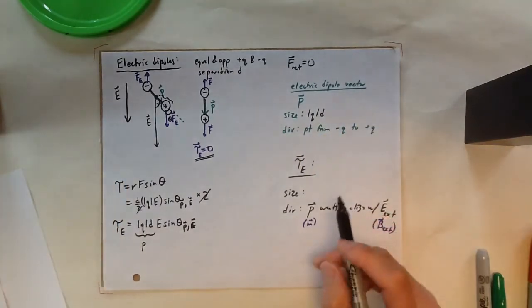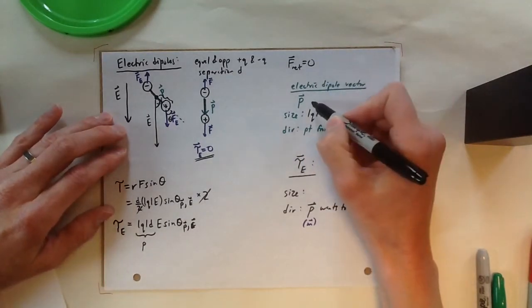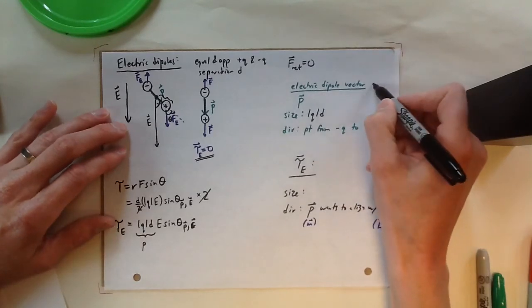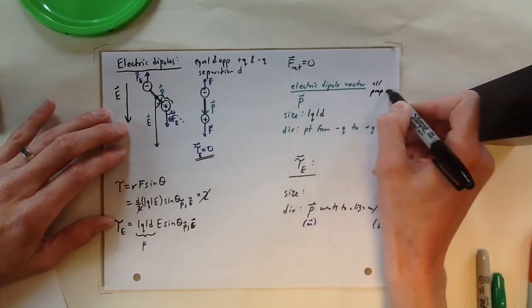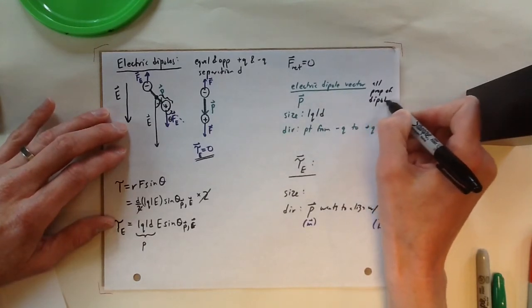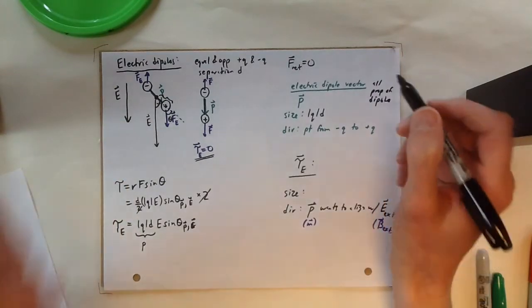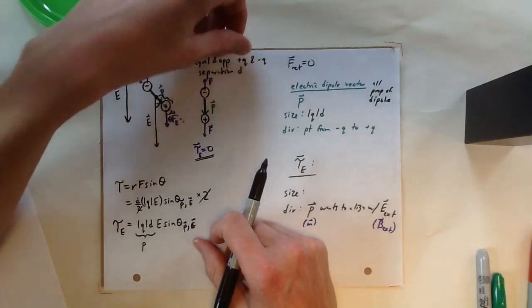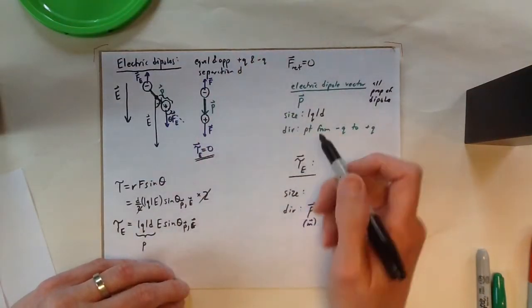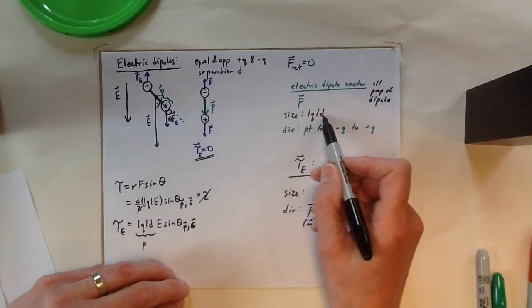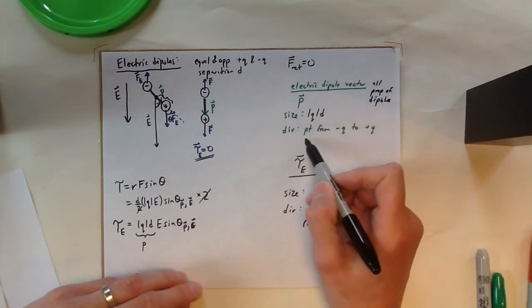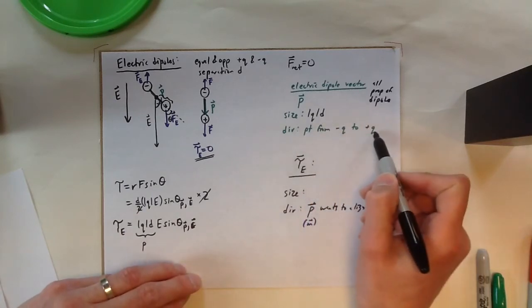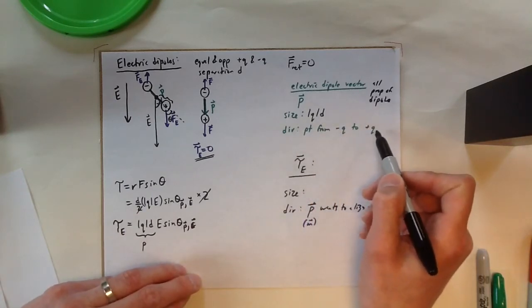So again, what is this electric dipole vector? It encapsulates all the properties of the dipole. We have a lot fewer properties here. All we have to package in is how much charge is on either side, so Q on either side, the magnitude goes here, d, their separation. And then the direction, which points from minus Q to plus Q, tells us how that dipole is oriented in space.